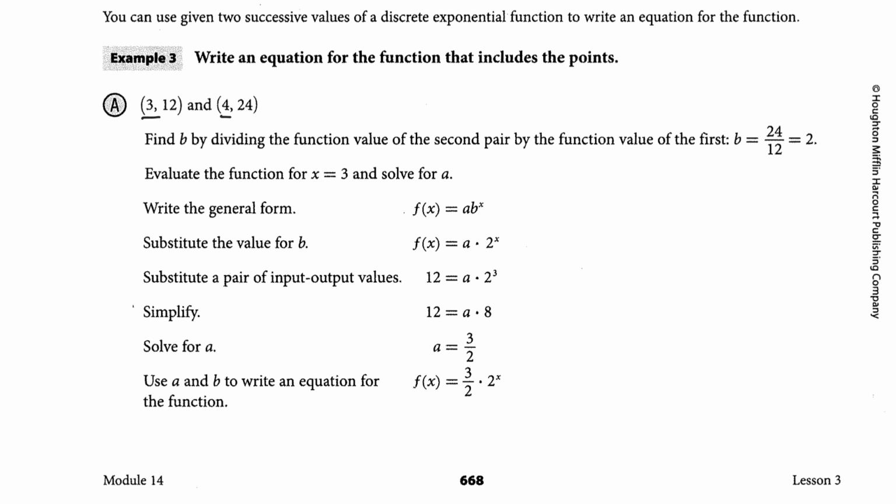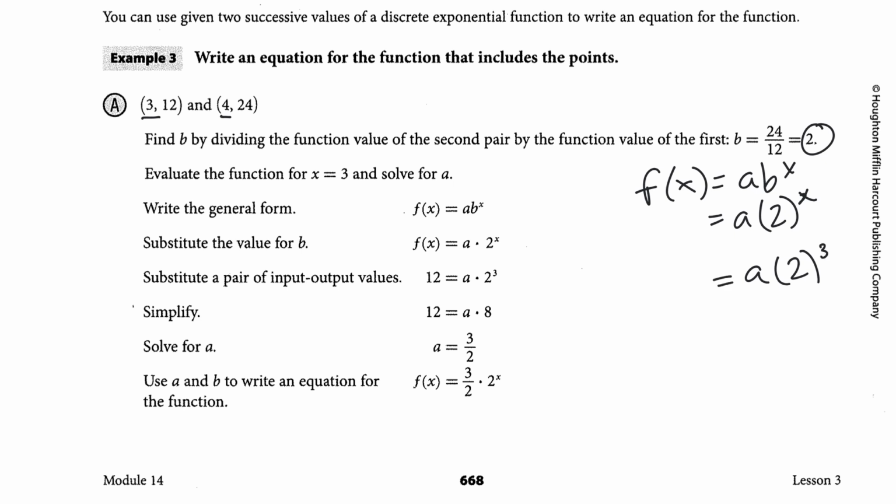And then it says evaluate the function for x equals 3 and solve it for a. So what they're doing is they're taking that template and they found b already. So they're rewriting it. But then they have the points. So they're plugging in 3. But they know that it's supposed to come out to 12.